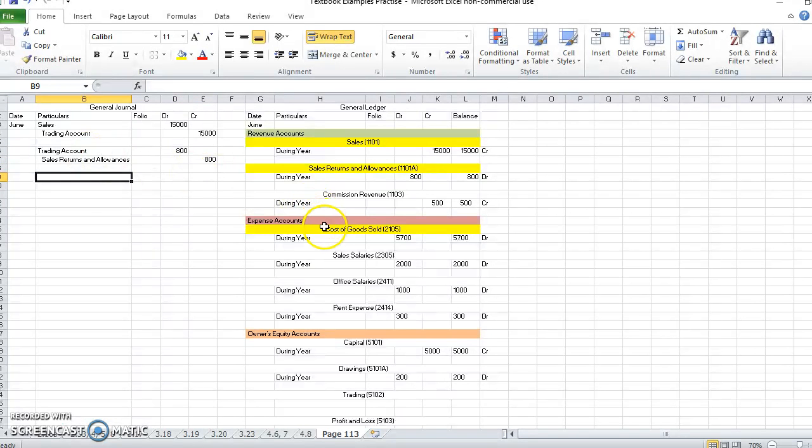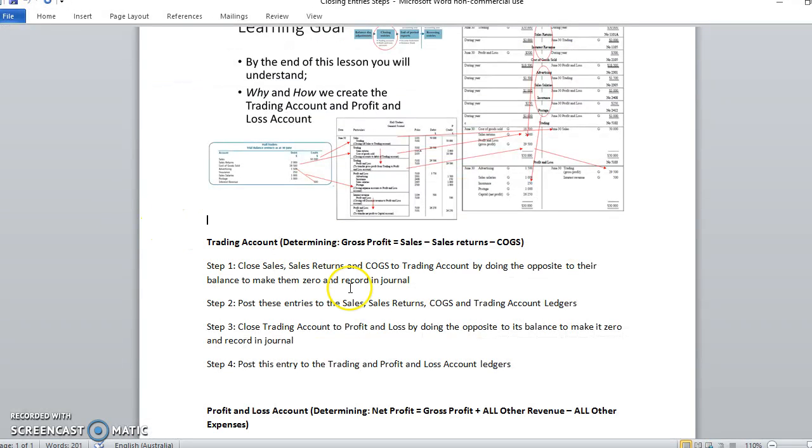And finally, cost of goods sold is debit of 5,700, so we're going to credit it and debit the trading account for 5,700. That's step 1 done. It zeroes those out in the journal.